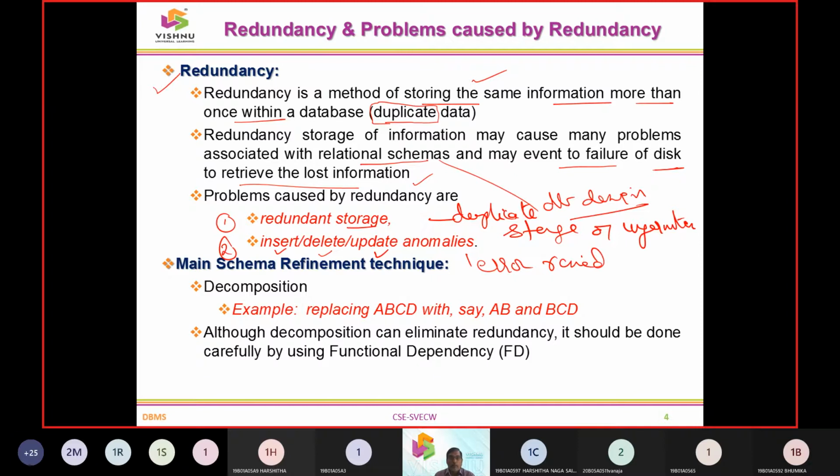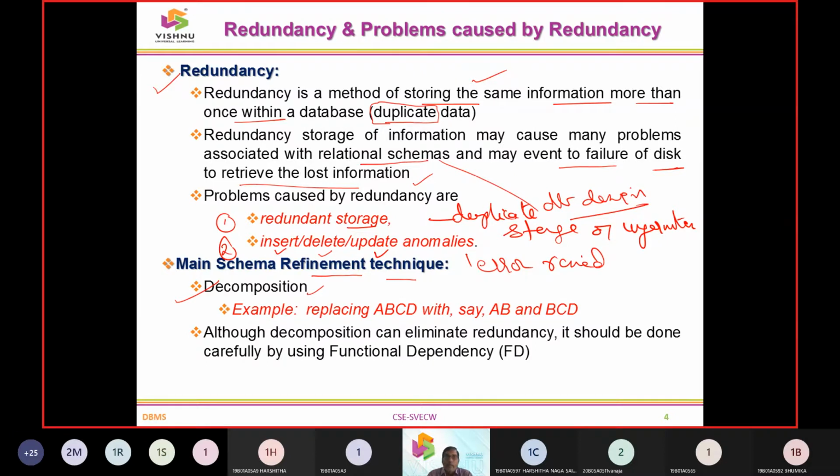Okay, anomalies raised. Then how are these anomalies taken up? These anomalies are going to be eliminated or refined using a technique called decomposition. When we break the table, when we divide the table into smaller groups, then the technique we call decomposition.